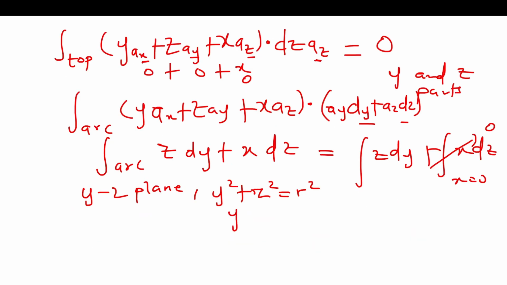So I'm going to have y squared plus z squared equal to 1. Now, someone may ask, why are we using this equation? We are using it because we need to integrate along that curved path, the arc, and also it lets us replace the z here. If I make z the subject from here, z is going to be equal to root of 1 minus y squared.